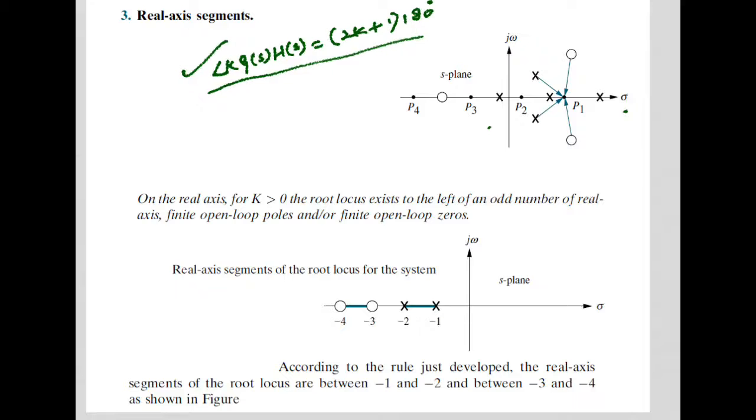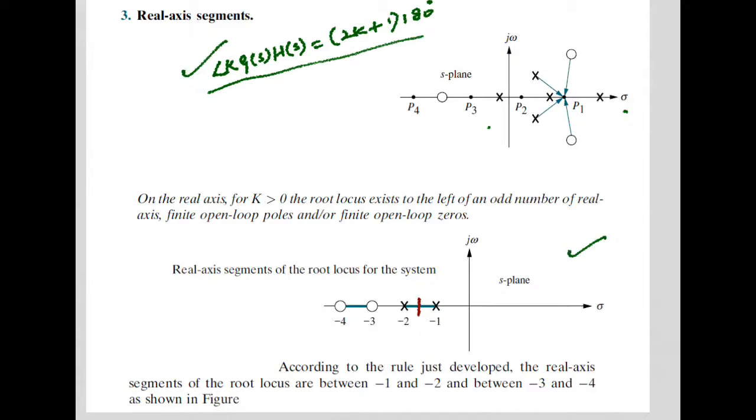To prove that statement, let us consider this figure. In this figure, we have poles at -1 and -2 and zeros at -3 and -4. Let us suppose that we are at a point within -1 and -2.